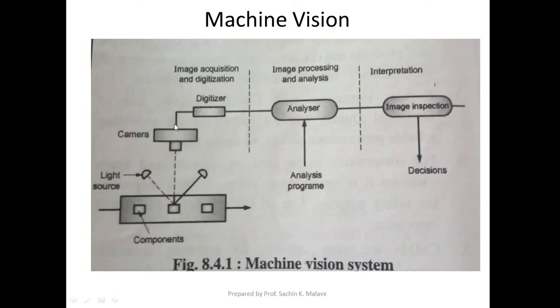A numerical value is assigned to the magnitude of the signal at each point. For this you will require an analog to digital converter, ADC. A sample image is then constructed within the image processing computer line by line.